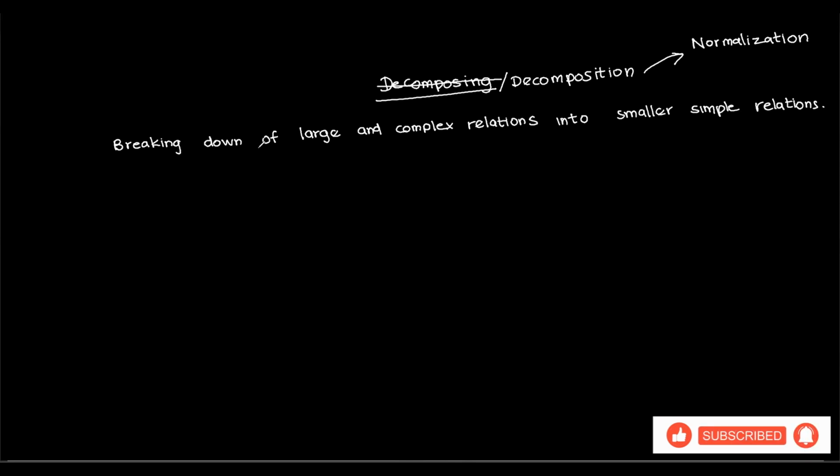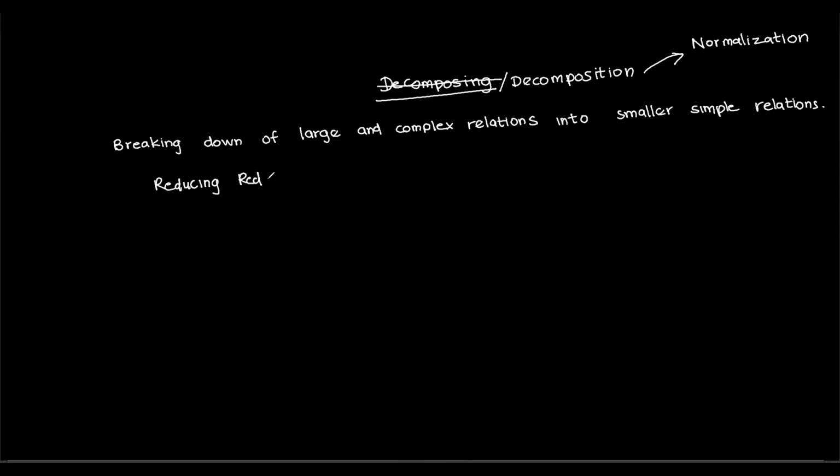So what is the purpose? As we already know, we are going to follow guideline 2 here. That was about reducing data redundancy. For reducing redundancy, and we had to avoid anomalies, and we had to protect data integrity.